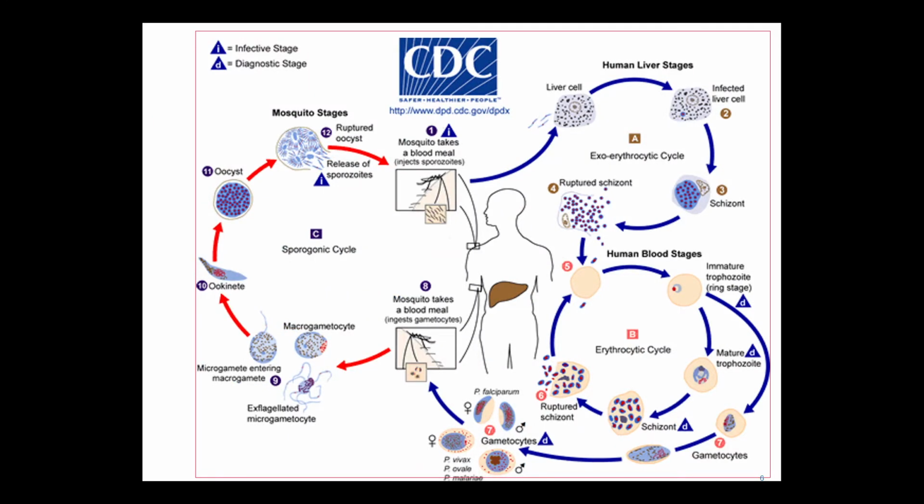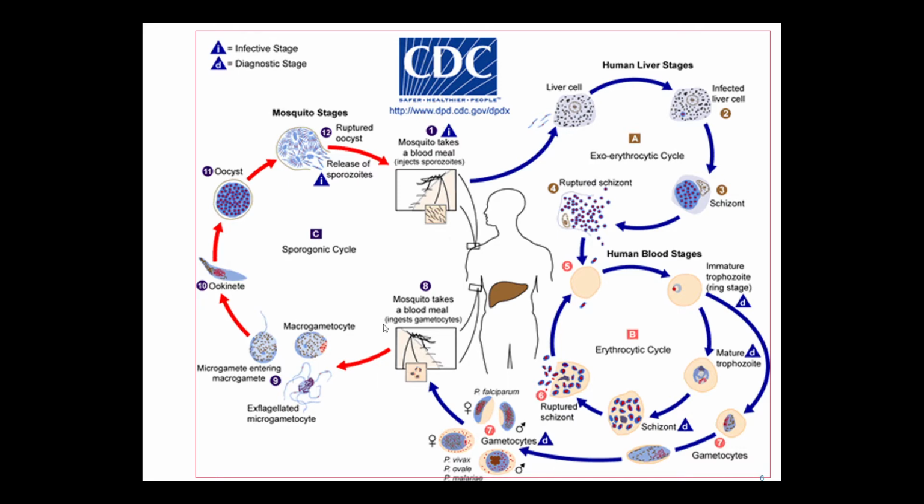So how does it usually happen? To begin with, the mosquito. The mosquito takes a blood meal and ingests gametocytes which are in the peripheral blood of a human.